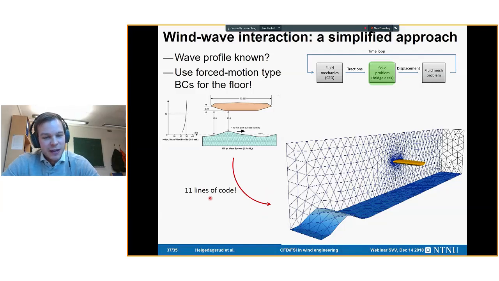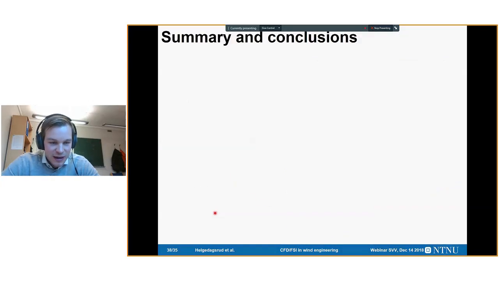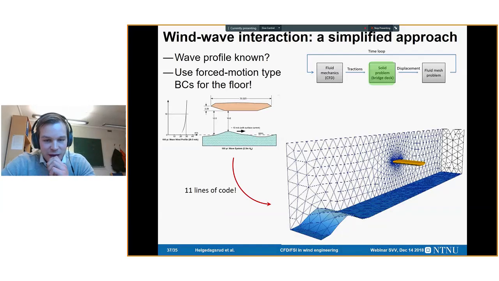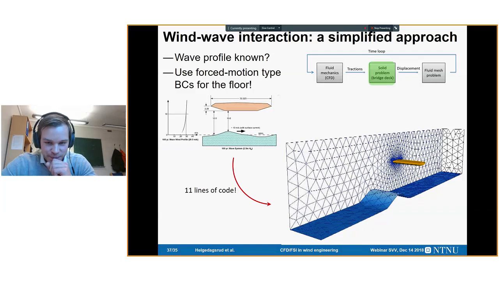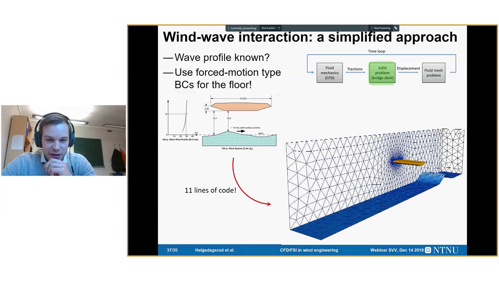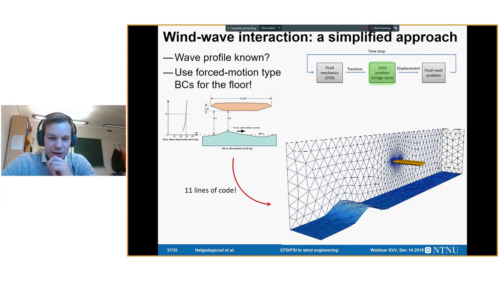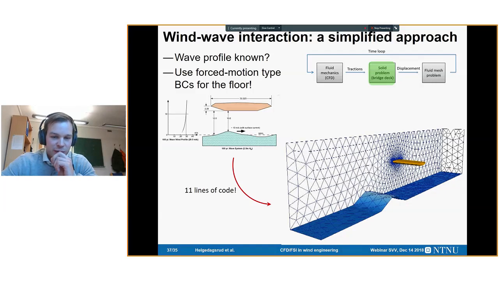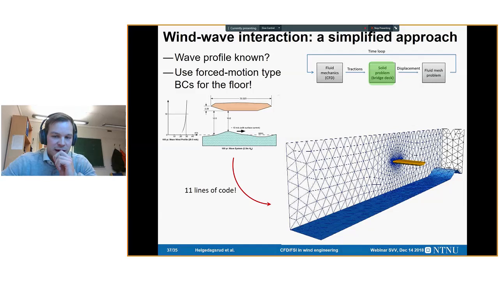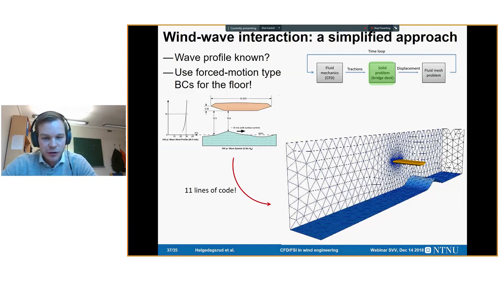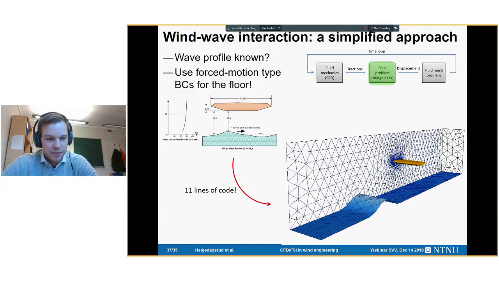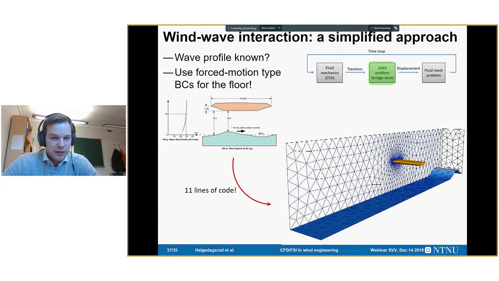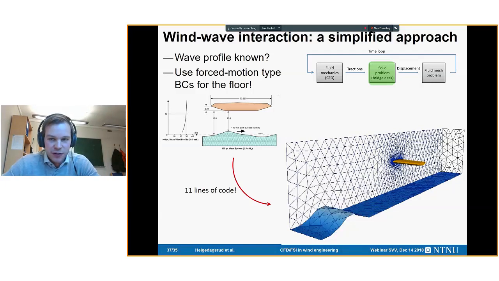I counted it, and you can have this wavelet traveling through your domain. And you then have a perfectly deterministic wave, and you can study the different winds and waves and so on. You have full control. So I think this example demonstrates the efficiency and flexibility of this FSI framework.